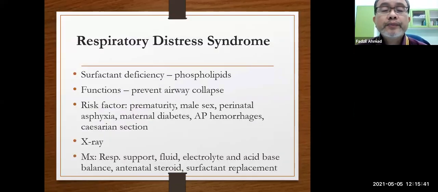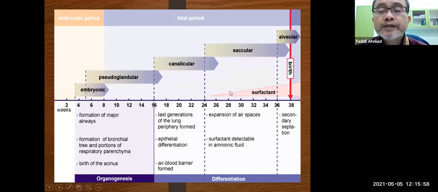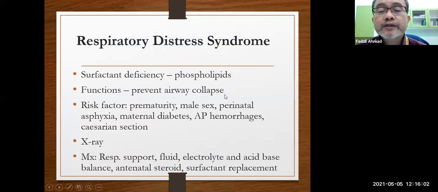So, a little bit about the commonest disease in respiratory distress in the newborn. The most important one that you need to know is respiratory distress syndrome, RDS, also called hyaline membrane disease. This is because of insufficiency of surfactant. Surfactant is a phospholipid that prevents alveoli collapse, not airway collapse.